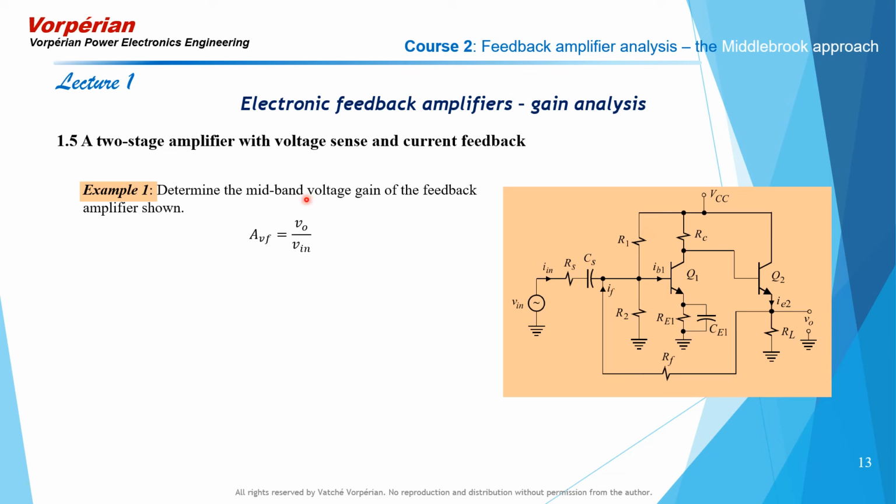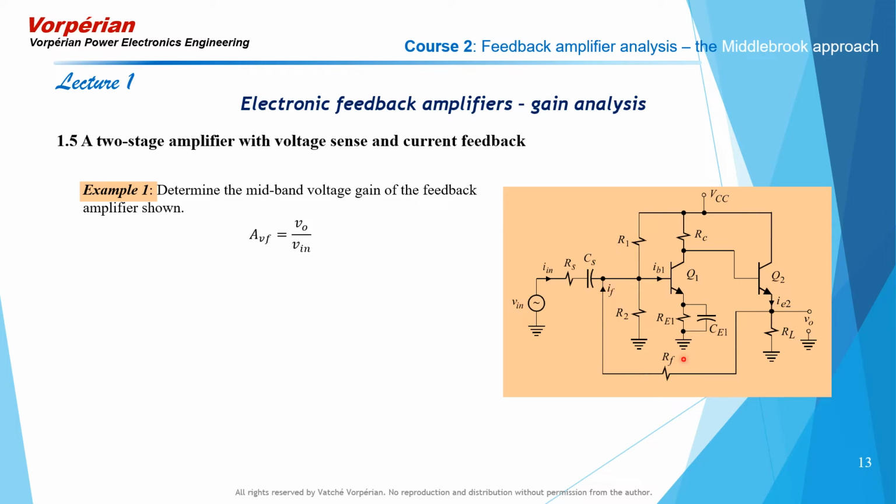We are now going to determine the midband voltage gain of this two-stage feedback amplifier. In the midband region, CS and CE1 are short circuits. This type of feedback is referred to as voltage sense and current feedback, or voltage sampling and current mixing.